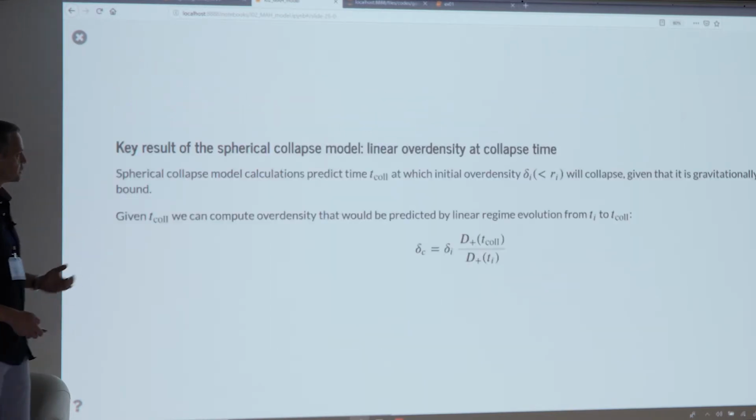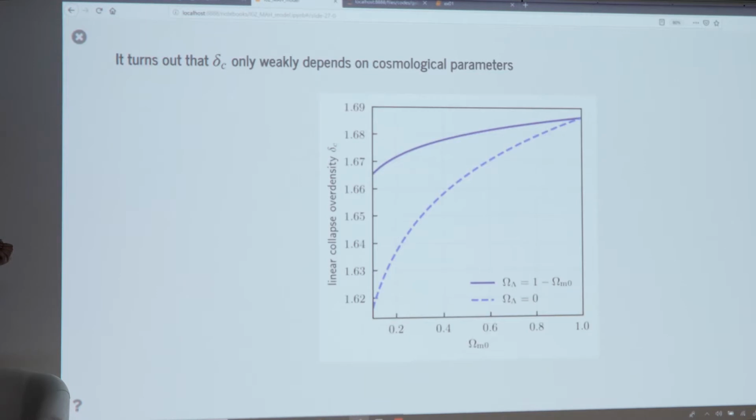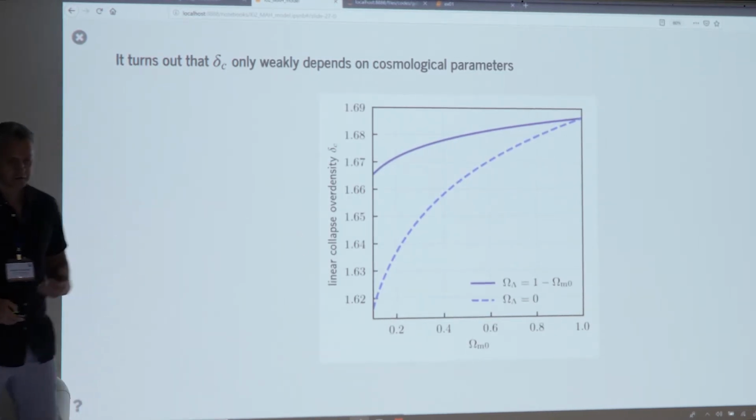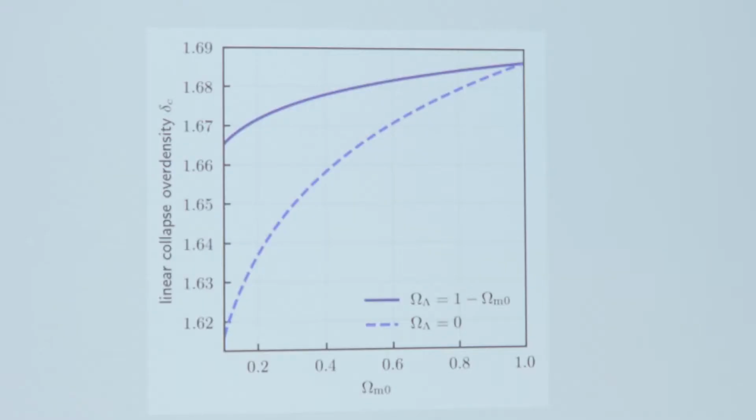So for any given cosmology, we can figure out at what over density predicted by linear theory the radius reaches a value of 0. In other words, the spherical perturbation collapses. This linear over density is called the critical over density of collapse, designated as delta C. This is the result of actual calculations for different models, both with non-zero lambda and with 0 lambda, as a function of omega matter at redshift 0.